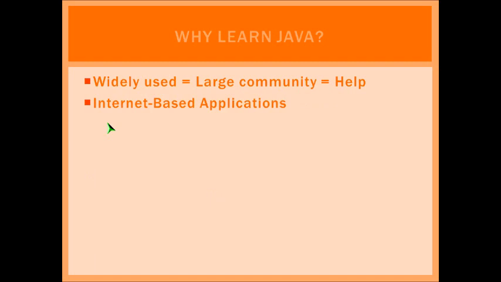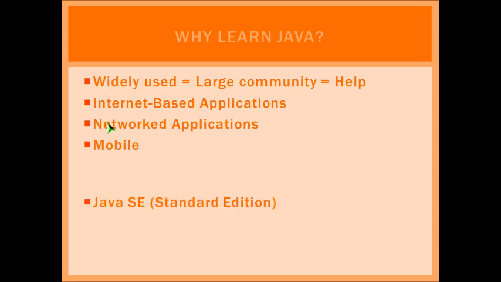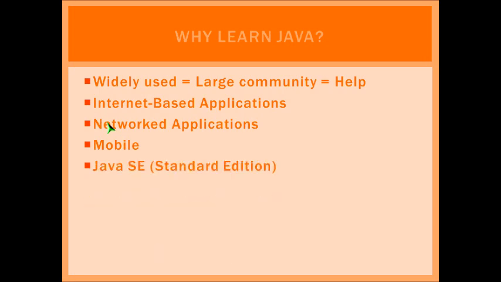Java is good for internet-based applications, networked applications, and mobile applications. And Java is in fact such a popular language that 3 different versions of it exist. You get Java SE, which is Java Standard Edition, which is what I teach. It's usually the edition that you will learn first. Then you get Java ME, Micro Edition, which is for smaller devices.